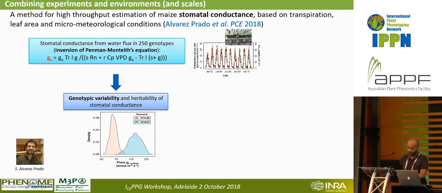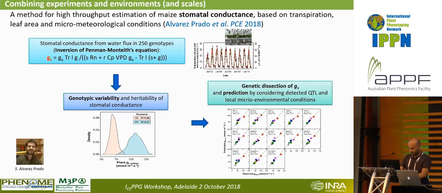And he found high genetic variability and heritability for this trait. And then he did a genetic dissection, and he built a model for predicting this stomatal conductance by using the detected QTLs plus the local microenvironmental conditions.